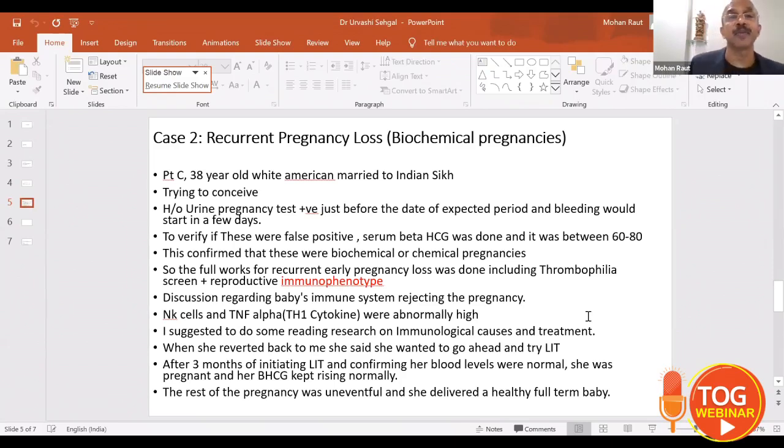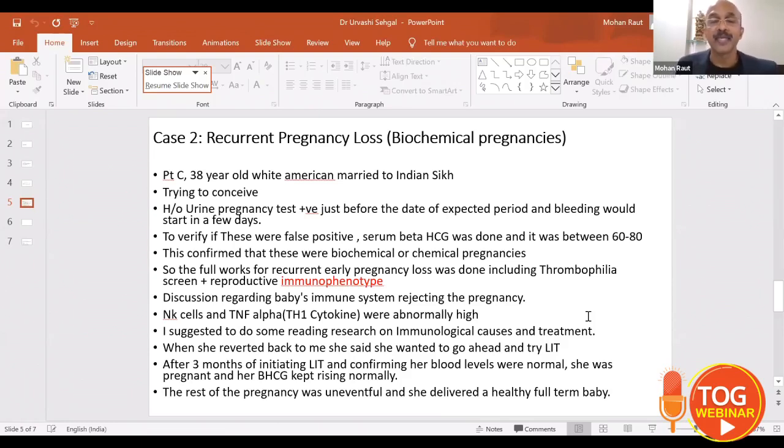Studies conducted by the early pregnancy loss committee of ESHRE have confirmed that as the number of biochemical pregnancies increases, the obstetric outcome worsens, as it happens with a documented pregnancy loss. Therefore, biochemical pregnancies are to be treated like a documented miscarriage in predicting the obstetric outcome of a subsequent pregnancy. So that is one part.